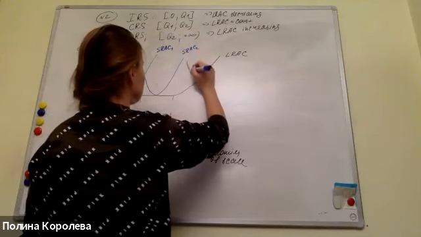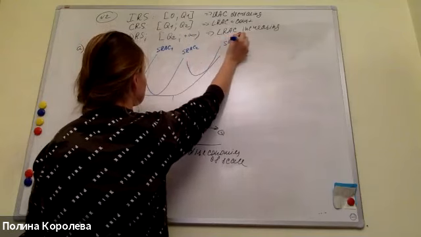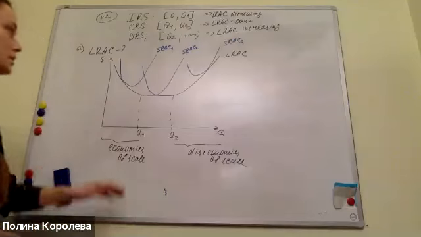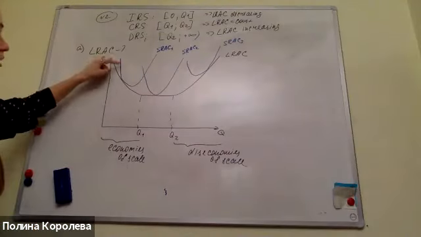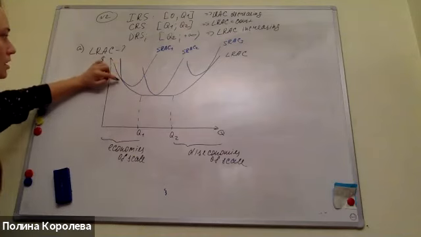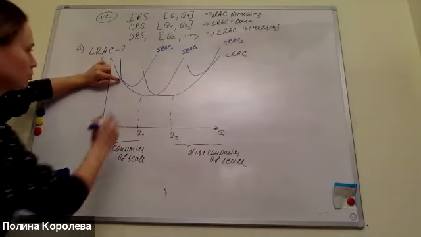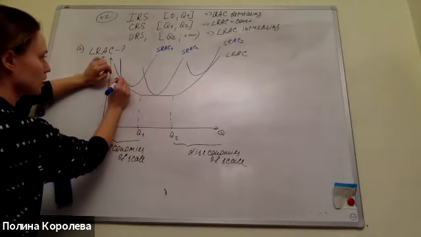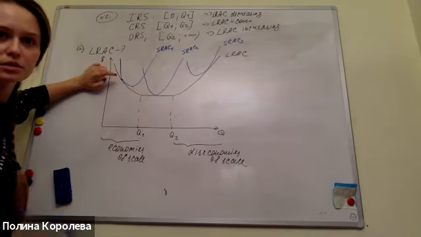And here will be short-run average cost 3. Please notice then that when we have economies of scale, this short-run average cost function touches long-run average cost not in the minimum. The minimum is here, yes, but it touches long-run average cost here. You see? Please notice this.